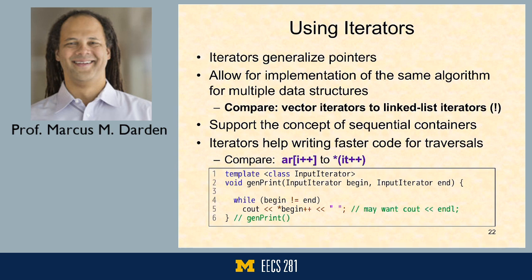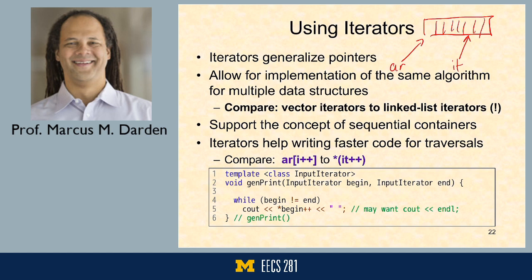So as we look at this right here, I've got this C-style array access with an I++, comparing that to what if I had an iterator. Now, the way that you look at this is, here's where my data lives. And R is always there, whereas the iterator is wherever I'm looking.